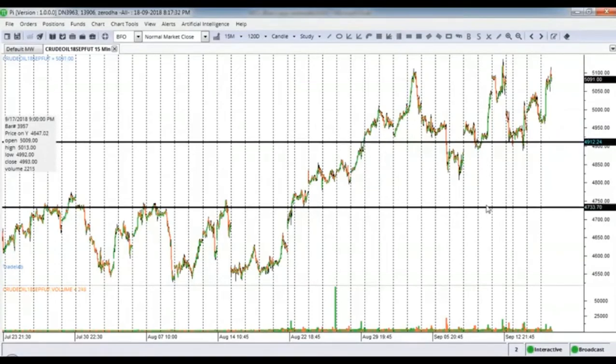So if it has to fall, it will have to fall through this level, correct? Somewhere here. There may be some sharp movement, but if you look at it, the price was trying to stay above.